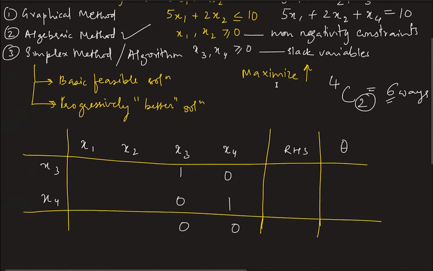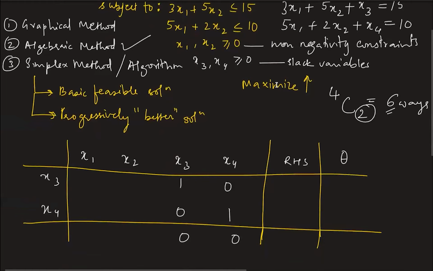And if we represent these constraints in the tableau, it should be 3, 5 plus x3 equal to 15. Similarly, 5, 2 plus x4 equal to 10. And here come the coefficients in the objective function.